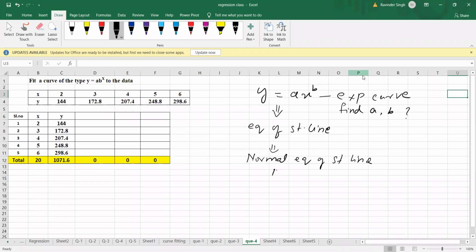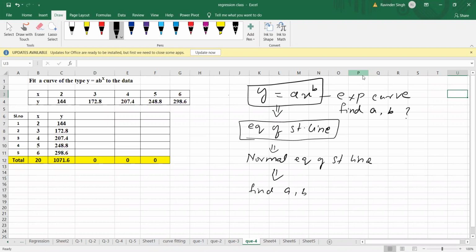Then you find a and b from that normal equation and substitute in the given exponential curve. Now the question is how we have to write the equation of a straight line from the exponential curve. So that we're going to see now.